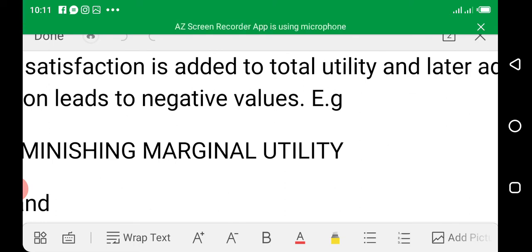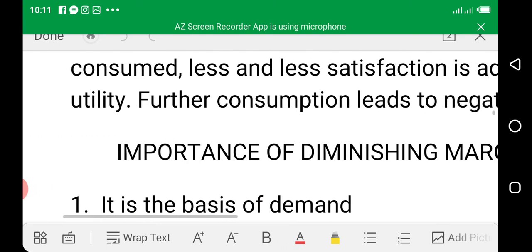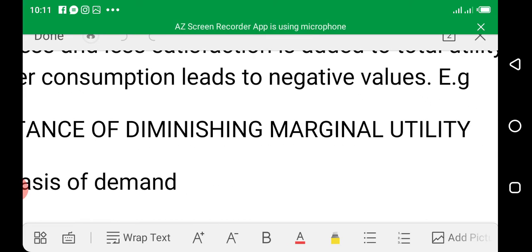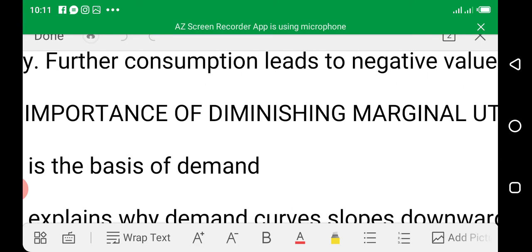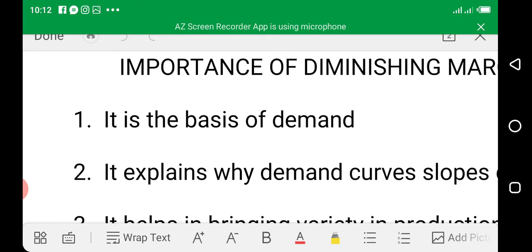So further consumption may lead to negative value. There's also a graph here to demonstrate diminishing marginal utility.